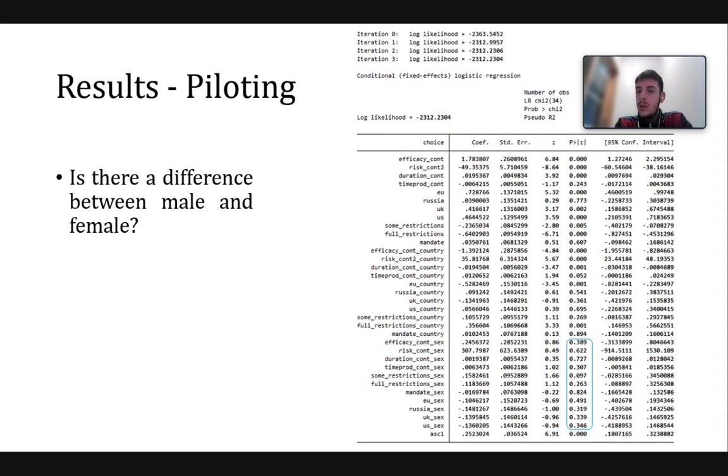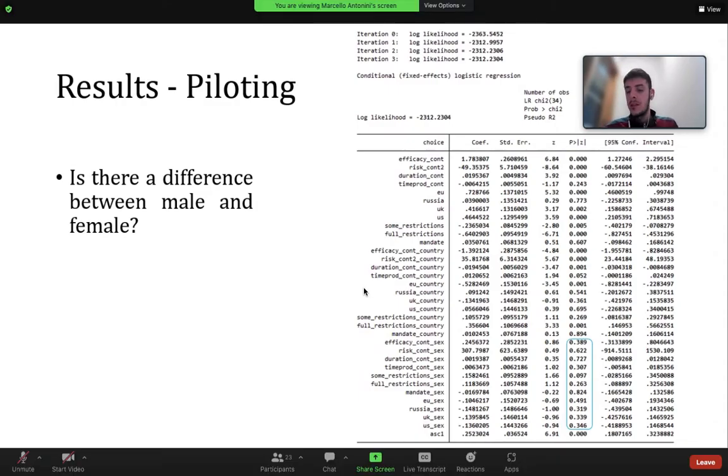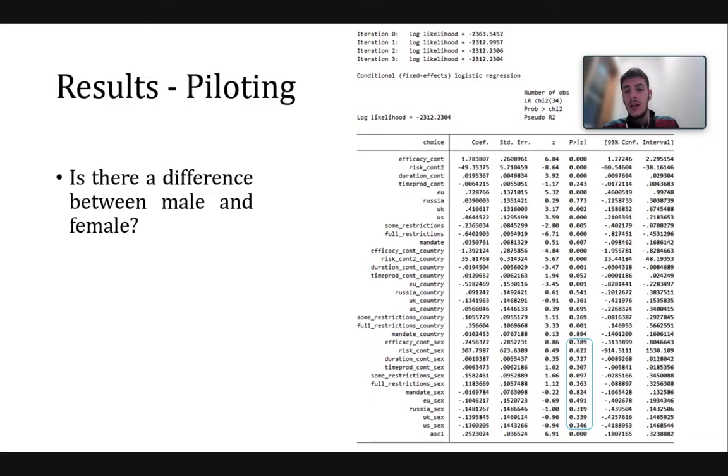So we can conclude that at least in this sample, in this pilot, we fail to reject the null hypothesis that there is no difference between male and female. This is quite interesting because typically females are more risk averse than males, and other common patterns. Again, this is a small sample, so it's not correct to comment on it, but it's interesting to see that there are no differences in this respect.